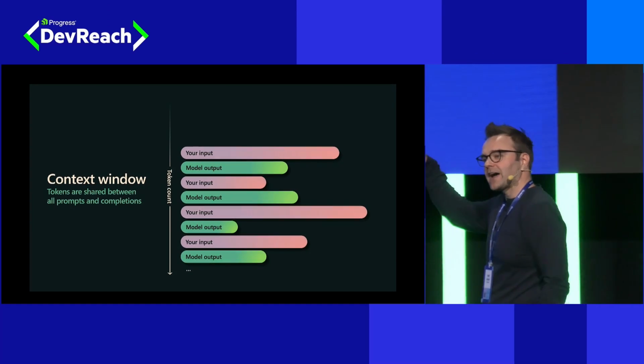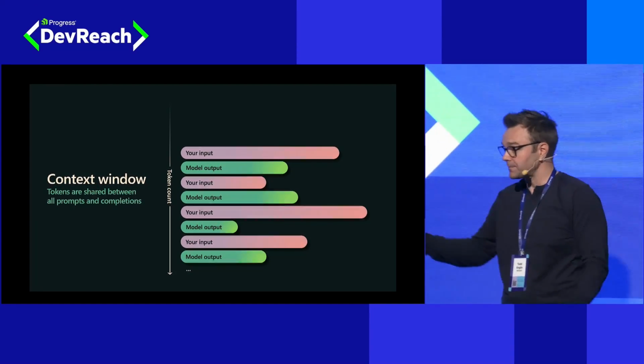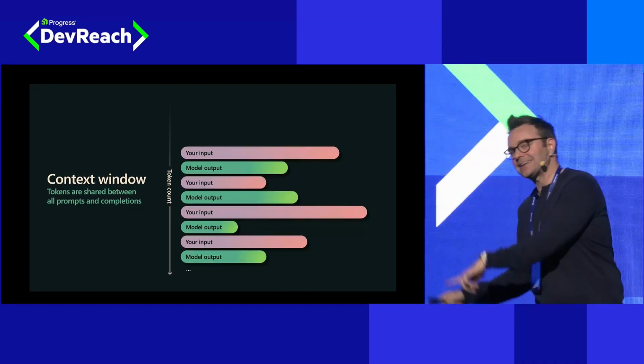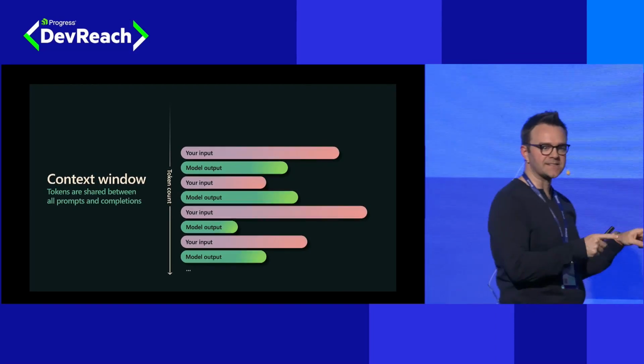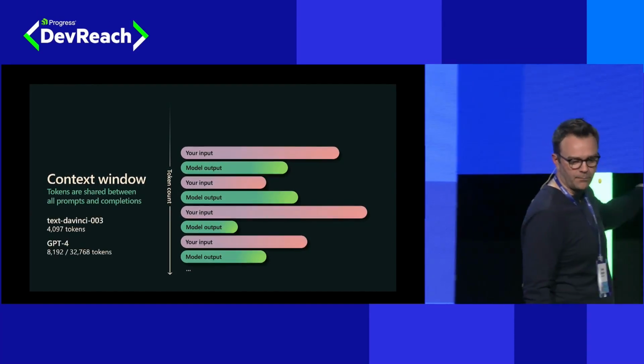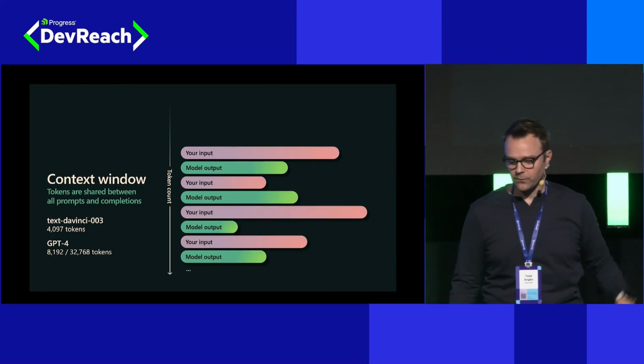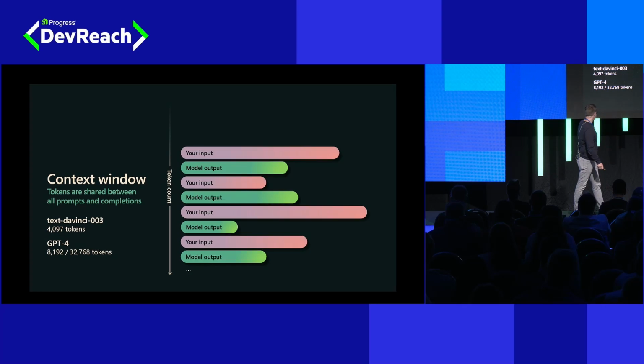That's because within that context window is everything the user has said, their prompts, their inputs, and everything the model has sent back. All of that is inside of that context window, and for the models that you've heard of, things like GPT-3 or GPT-4, those limits are very real.